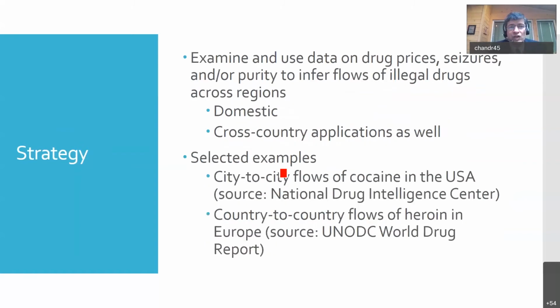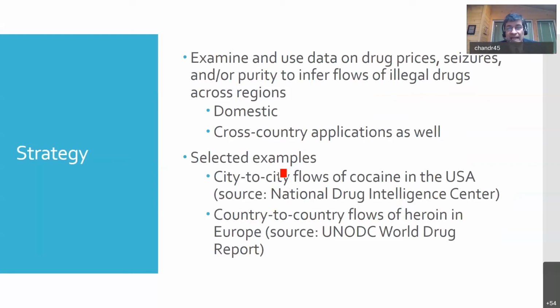So the strategy is going to be to examine and use data on the prices of drugs, on seizures, on their purity, to try to infer flows of illegal drugs across regions, across geographic space. Okay? And we've now written papers that look at domestic issues primarily, but these also have cross-country applications.